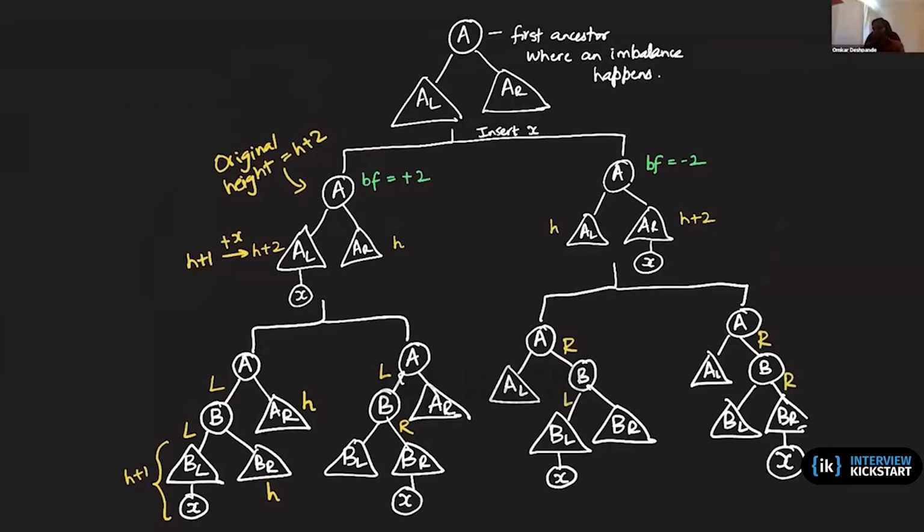Oh, okay, so you're saying only 2 levels would be enough. Yeah, only 2 levels. Starting from the first ancestor whose balance factor was violated, that would be enough. And actually, what you're doing is you first went down and you inserted X. So you are actually tracing this path up.